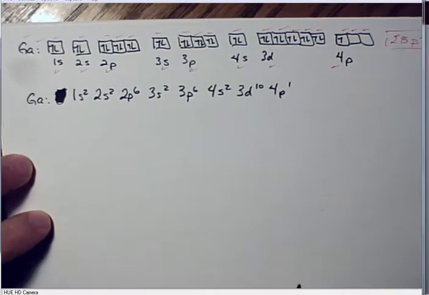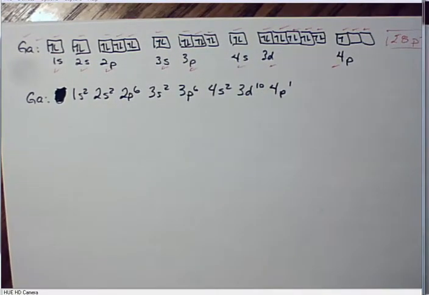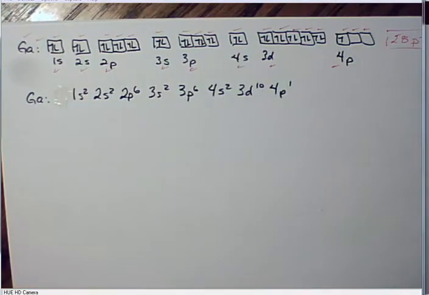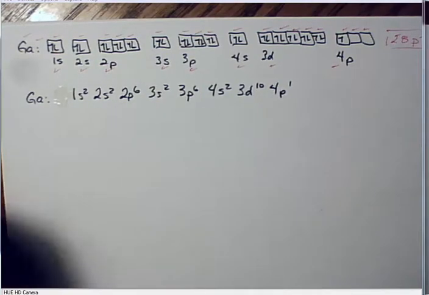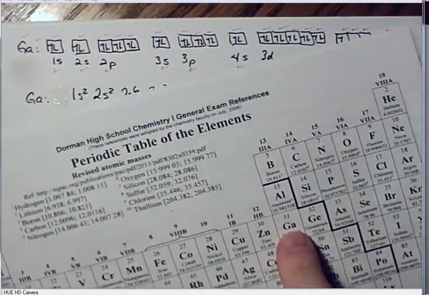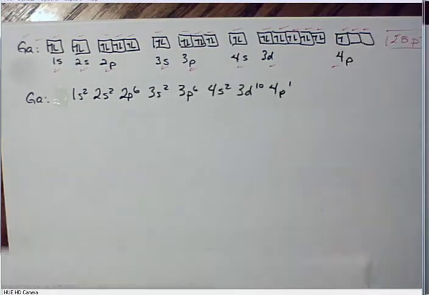Then the abbreviated version, called the kernel, K-E-R-N-A-L version, or shorthand version sometimes, just takes out the next lowest noble gas and replaces it with the symbol for the noble gas in brackets. So if we look at where gallium is on the periodic table, it's right here, and the next lowest noble gas is argon.